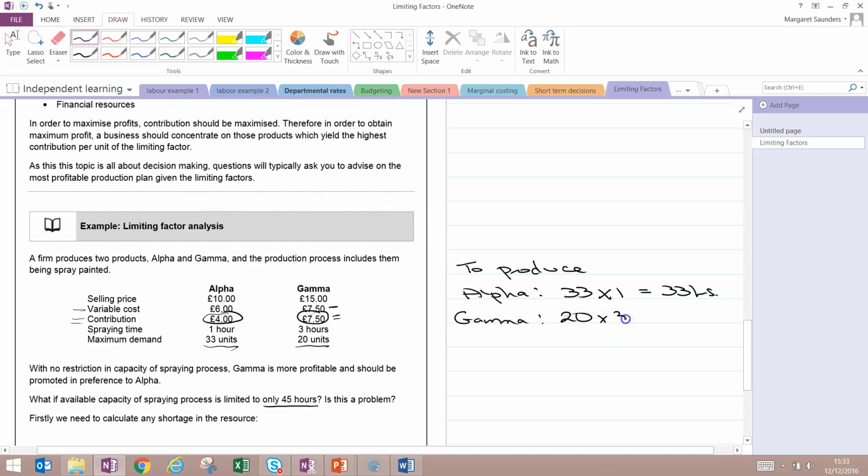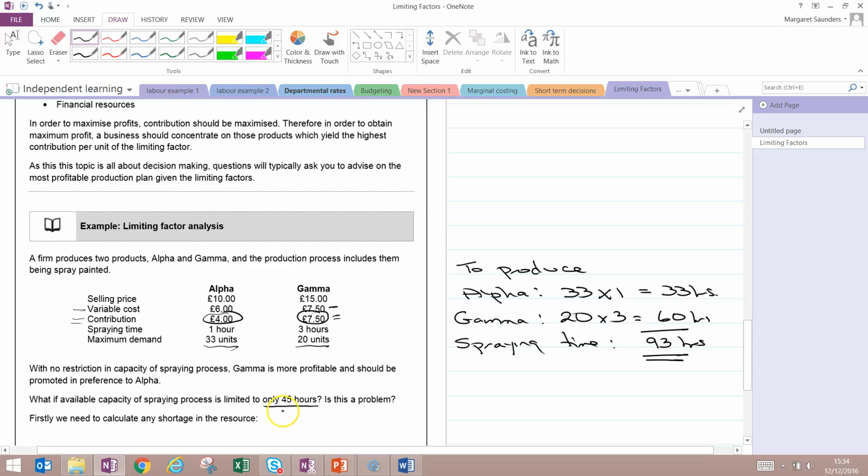They take 3 hours, so that is 60 hours. So in total, 93 hours of spraying time is needed if we are to meet the demand for both of our products.